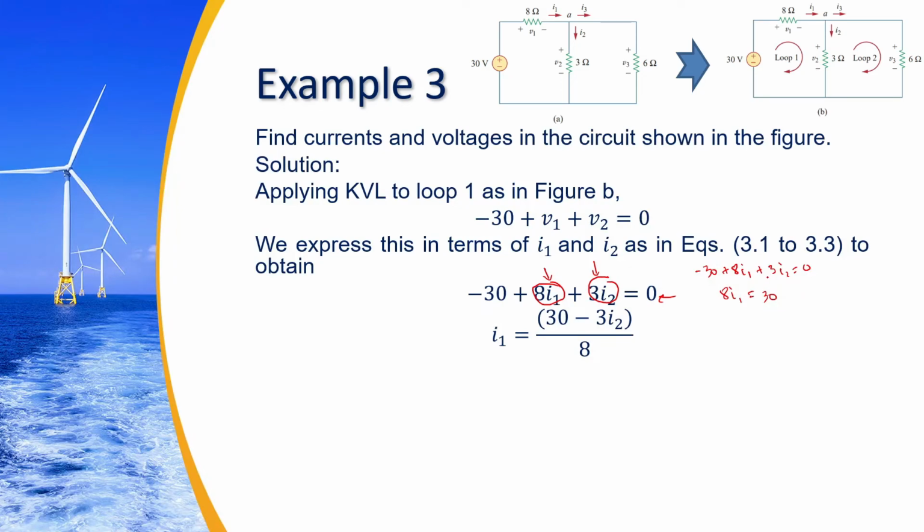Then, itong plus 3I2, pag transfer sa kabilang side, magiging negative 3I2. Okay? And then, iwan natin nag-iisa yung I1, so divide both sides natin by 8. Cancel yan. So, therefore, ang I1 natin is 30 minus 3I2 over 8. So, ayun yung equation 5 natin.